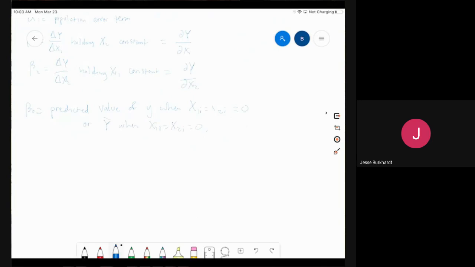Okay, so we're still estimating beta 0 hat, beta 1 hat, and beta 2 hat using ordinary least squares. So that doesn't change. Let's just make sure we have the formula for that.